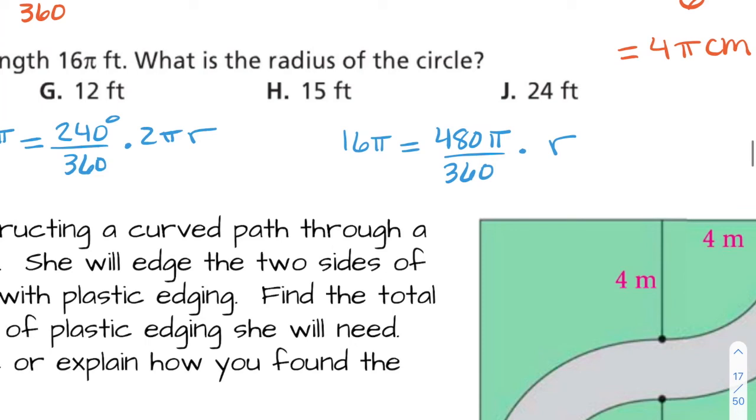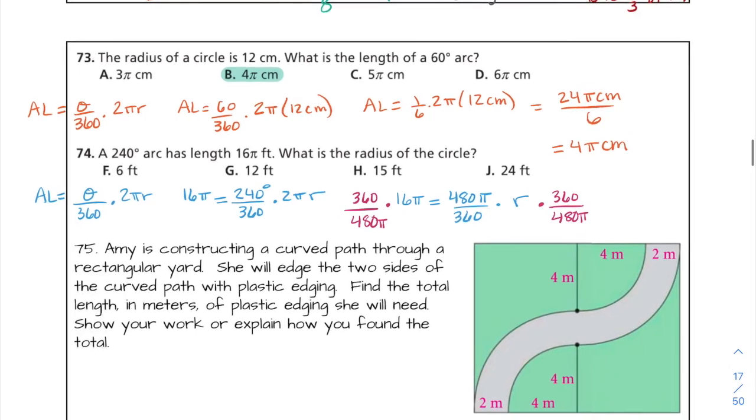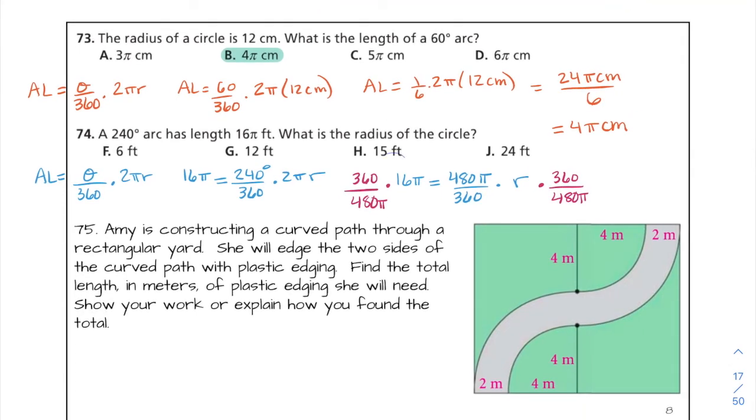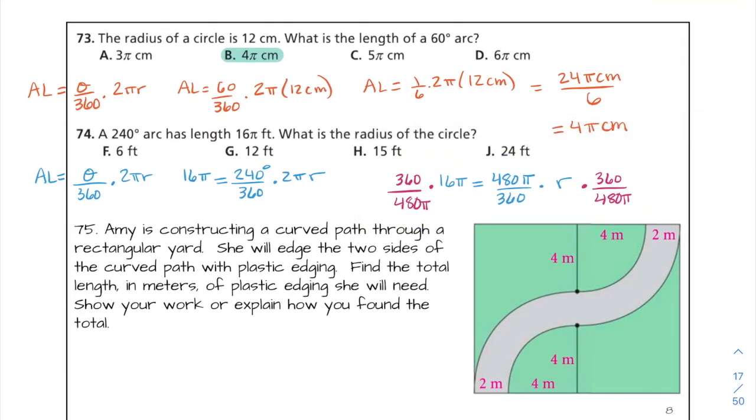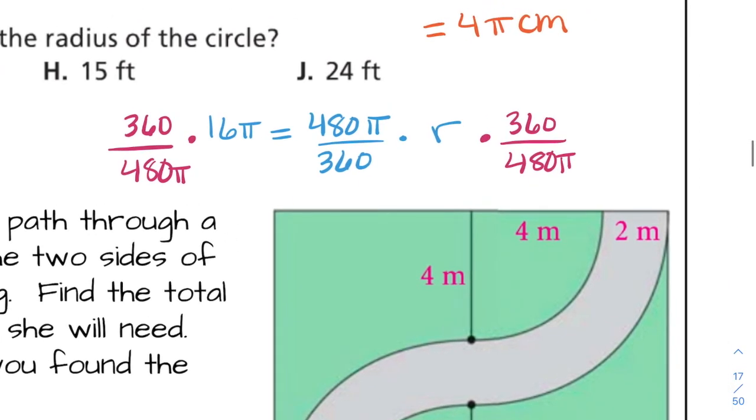So watch this. I'm going to multiply this side by 360 over 480 pi, and 360 over 480 pi on the other side. The reason for that is to get rid of that fraction all in one step.